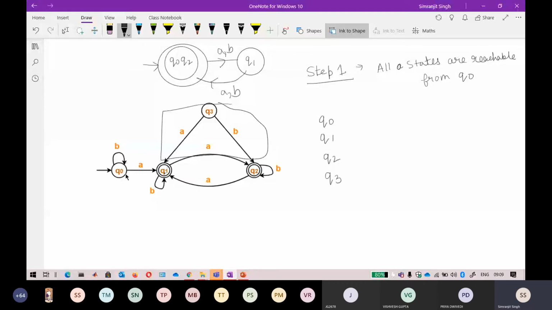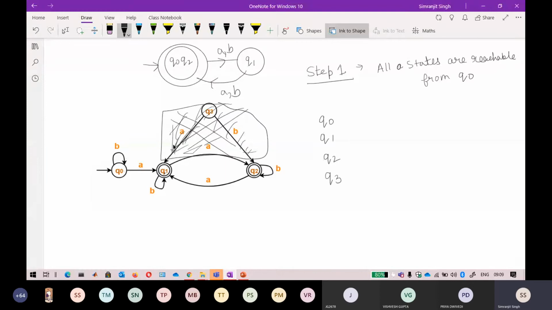Q0 to Q1 can be reached, Q0 to Q3 is also reached, but this state is not reachable. If this scenario occurs, you just delete this state. The states which are not reachable, I do not need them because they do not serve any purpose. If I cannot reach that state, there is no point in keeping it.